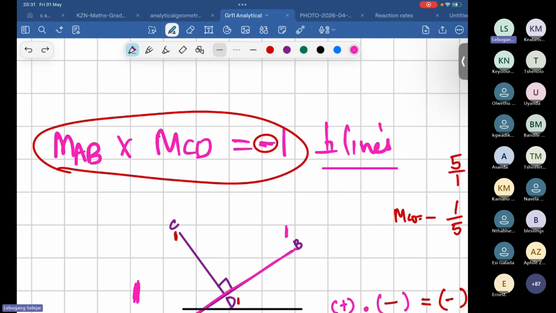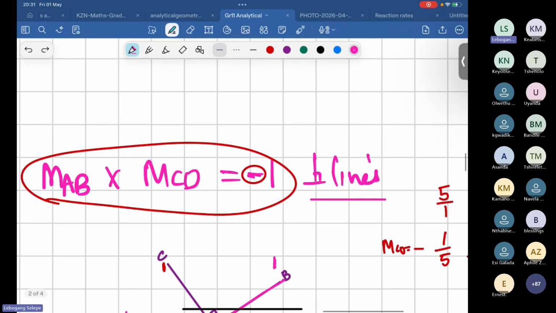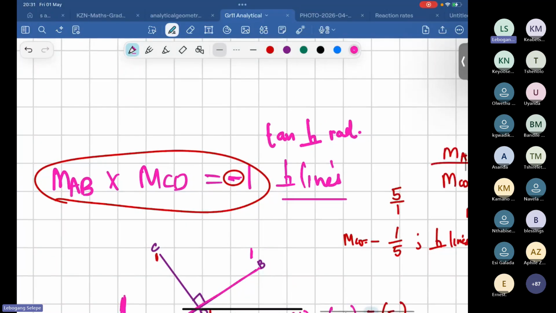And don't forget the reason. It's perpendicular lines, but when we get to your grade 12 analytical, it's also acceptable to say tan perpendicular to radius. This is also acceptable because it explains why you are using the gradients as such.